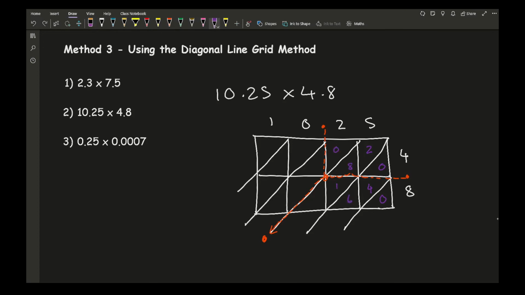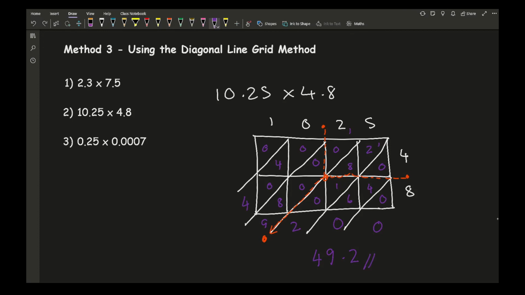I've got 16, I've got 0, 0, 0, and I've got 0, 8, and 0, 4. And then working this out, I've got 0, 10, 3, 11, 12. And then I've got 1, 9, and then 4. So that gives me an answer of 49.2. And there is my final answer.